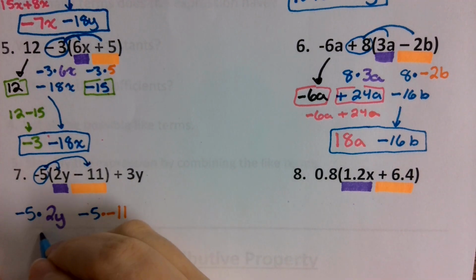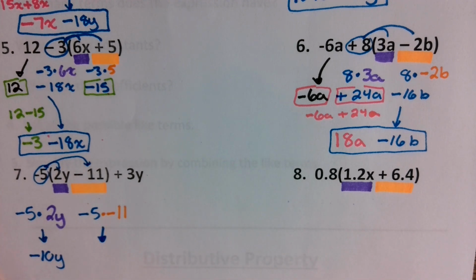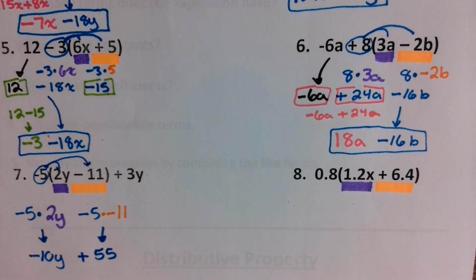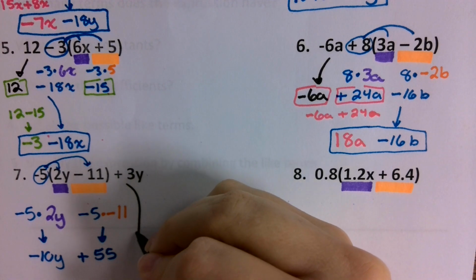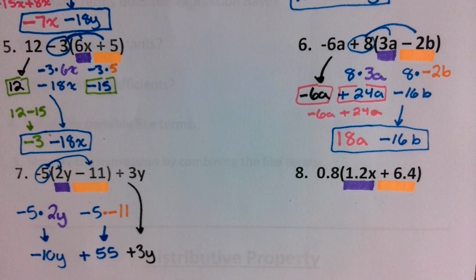Negative 5 times 2y is going to be negative 10y. Negative 5 times negative 11 comes out to a positive 55. Now, we still have this plus 3y that's going to come straight down. It did not have to get distributed to.